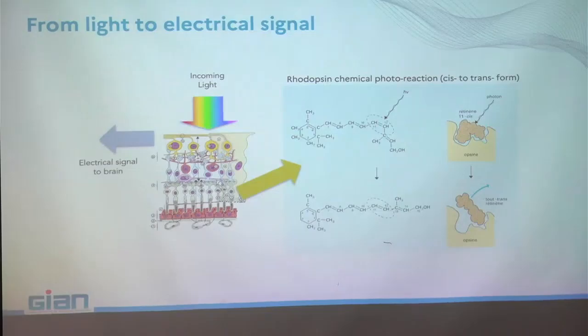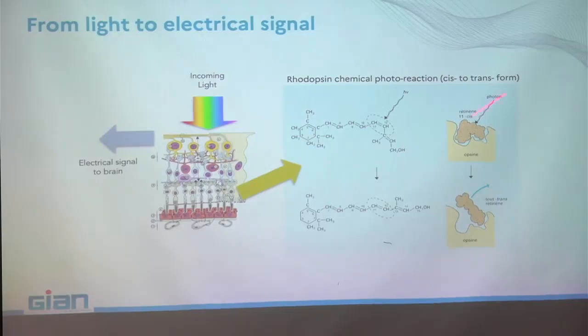And this electrical impulse will be collected by small parts of the nerve and will be sent, after initial processing, to the brain. And what will happen? After a few time, the molecule will pass from that form spontaneously to that one, but this may take time, and this explains the desensitization of the cones. This explains also the adaptation time.